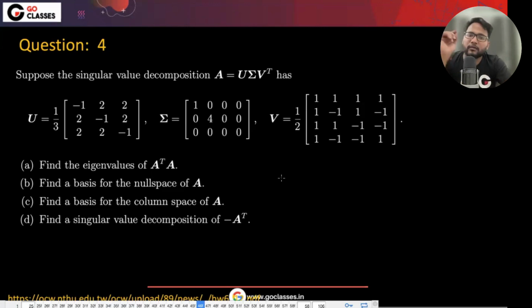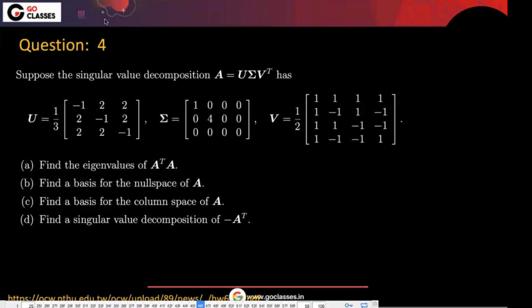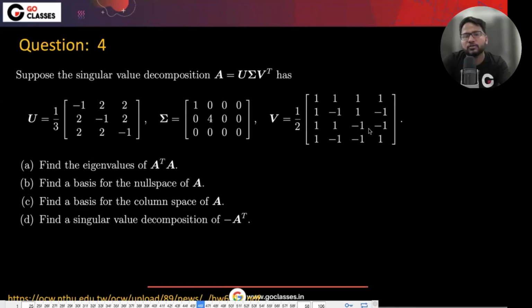Just let me know the eigenvalues of A transpose A. The eigenvalues of A transpose A must be 1 and 4, or 1 square and 4 square.